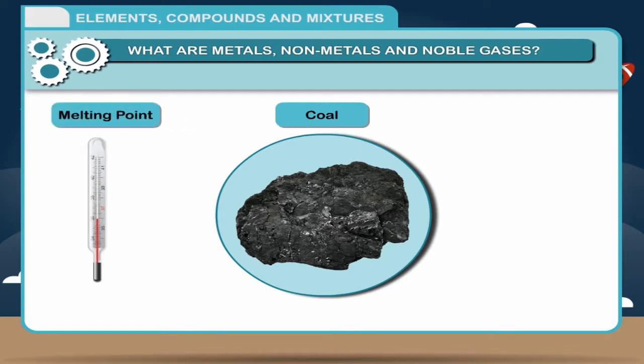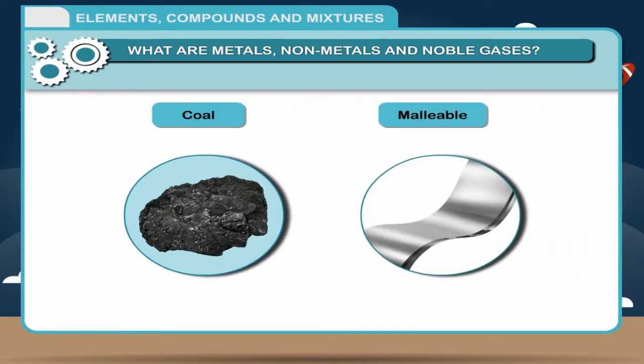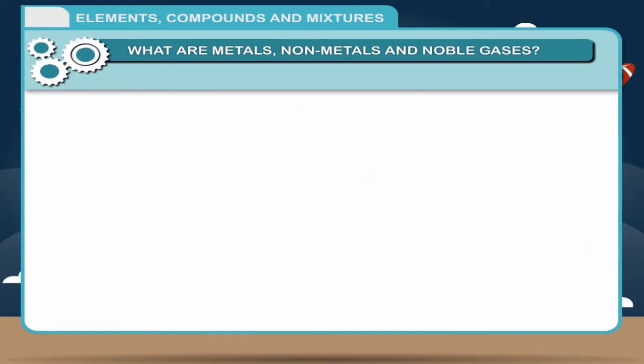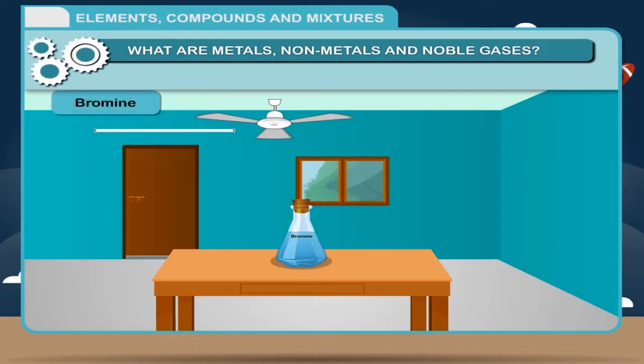It has a low melting point and boiling point. 4. It is neither malleable nor ductile. 5. It is generally a gas or soft solid at room temperature. Bromine is the only non-metal which exists as liquid at room temperature.